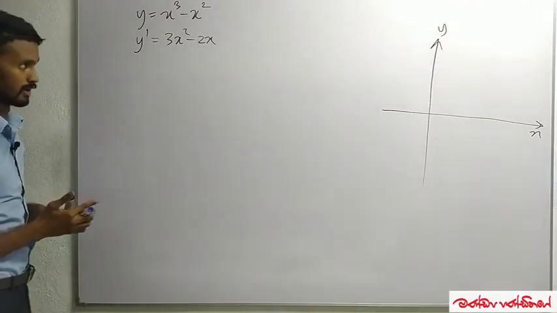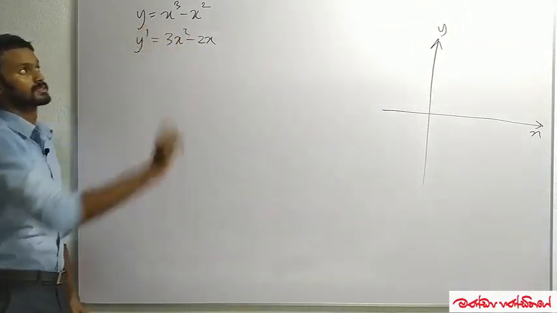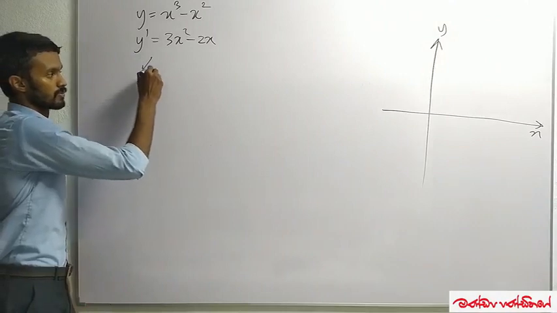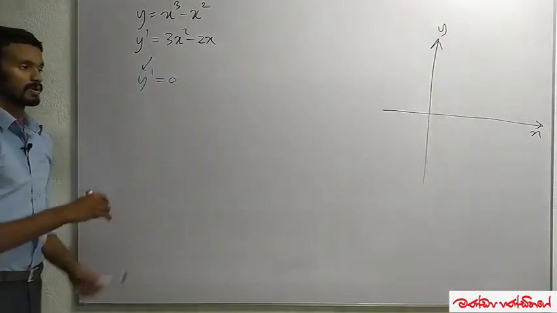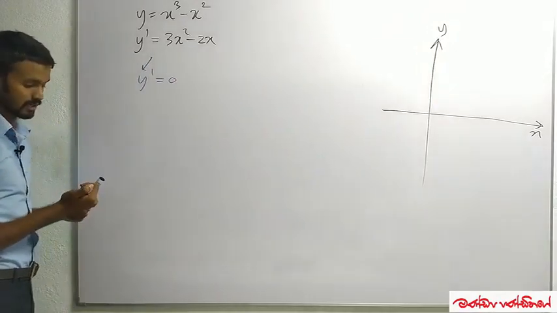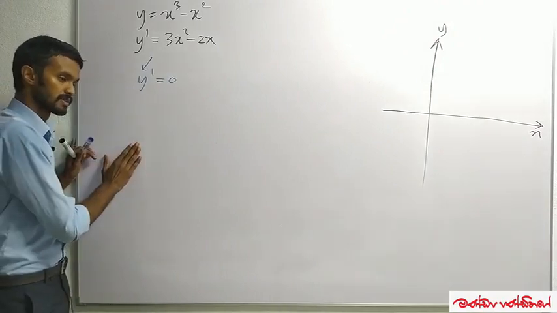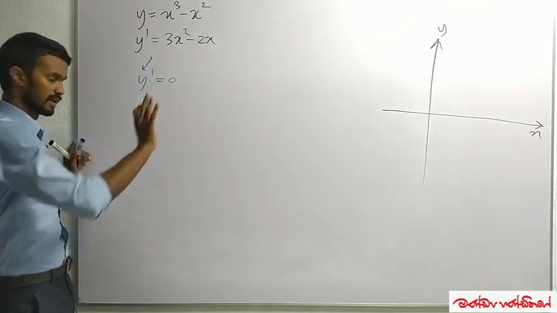Now when drawing the graph of y equals x cubed minus x squared, we equate y dash to 0 to find the turning points of the graph. I'm doing this quickly because this is a video about inflection points and the applications of the second derivative.